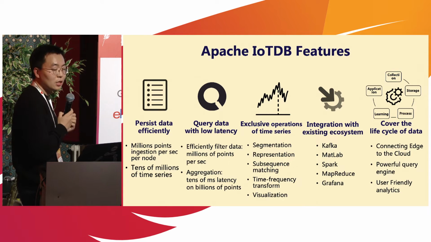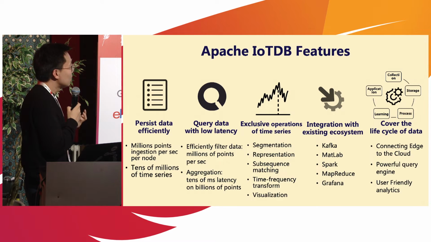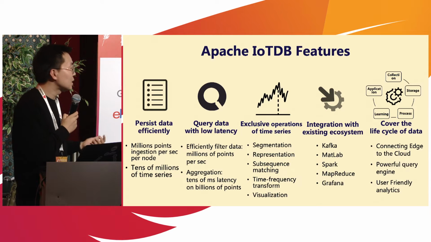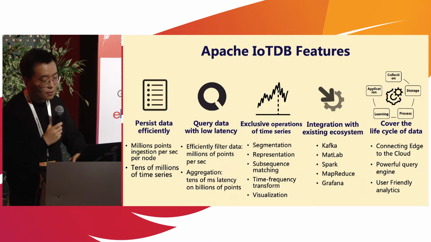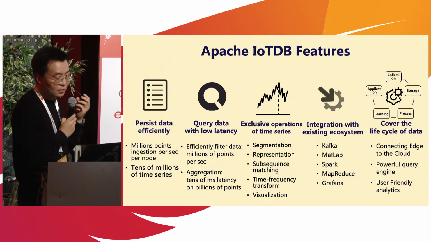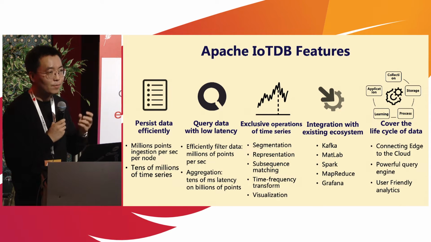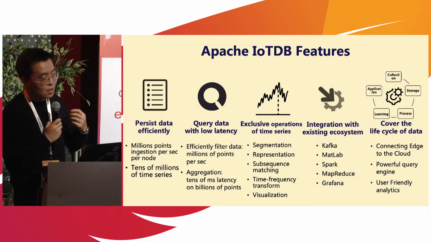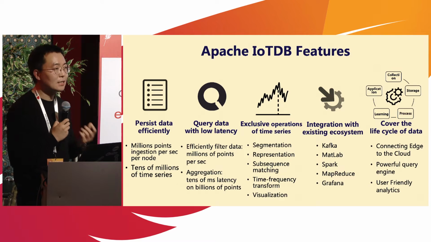And we also integrate it with current big data systems and some traditional software like Matlab, Grafana, MapReduce, and Spark, and something else. Therefore, now IoTDB can cover the whole life cycle of time series, from collecting data from the machine and then storing the data, analyzing the data and visualizing the data.